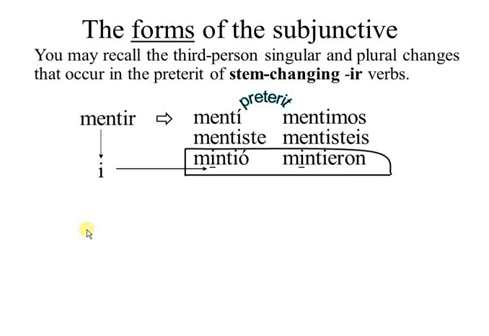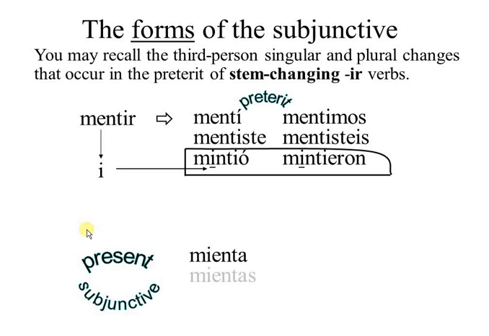Let's see some more examples. Mentir, which means to lie, also changed in the past tense, in the preterite, in the él, ella, usted, ellos, ellas, ustedes form, from E to I. So, let's see. Mienta, because you say yo miento, it's a stem changing. Ojalá que tú mientas, ojalá que él mienta, ojalá que ella mienta. Now, watch nosotros.